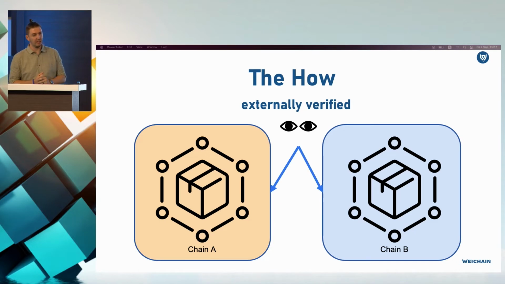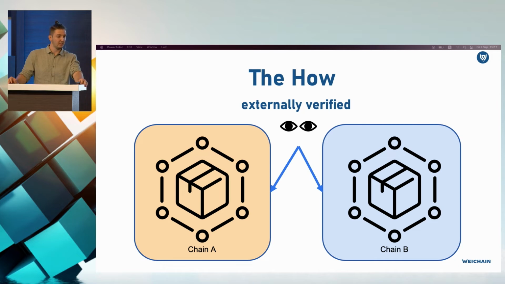The other way of verifying is by having an external verifier. This is the most used solution and the most used use case. So we have chain A and chain B, and we have an external verifier, which is a completely different node, which observes both of the networks and performs actions accordingly.